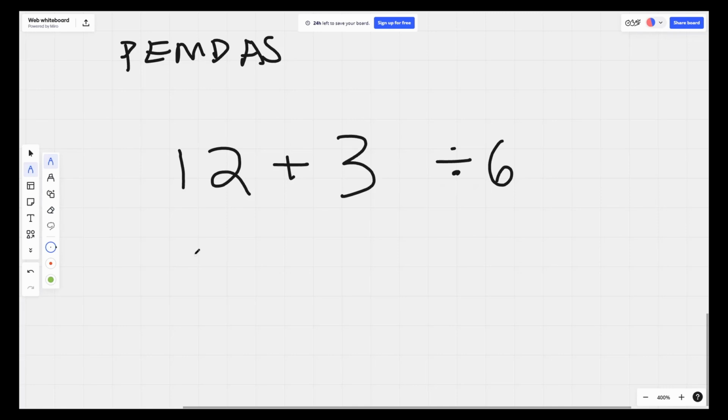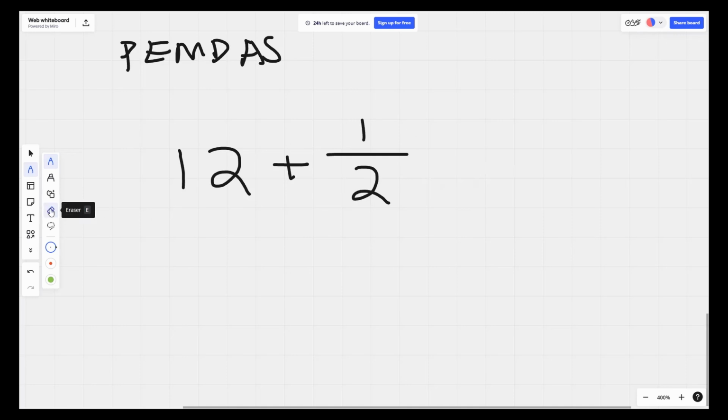Yes, it would be the division, which is the D. That is very correct. So 3 divided by 6 is 1 over 2. So I'm going to go ahead and erase that and put a 1 over 2 here. So now I have the final thing to evaluate, which is very easy. There's only one operation, and that is addition.